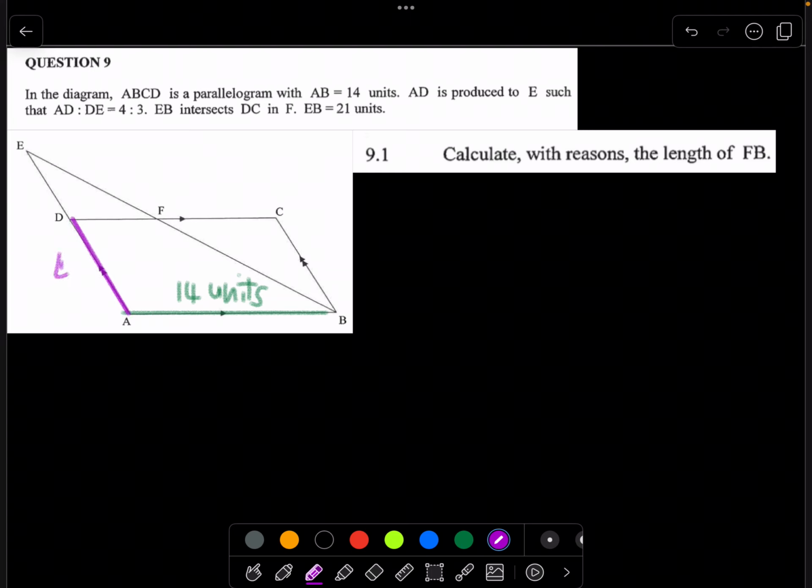I'll say that this is 4K and ED will be 3K, just to remember the ratio between those two sides has been given to us, where K is some natural number, 1, 2, 3, 4, etc., since we can't have negative lengths.